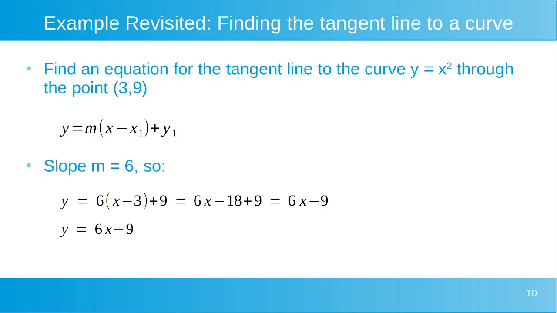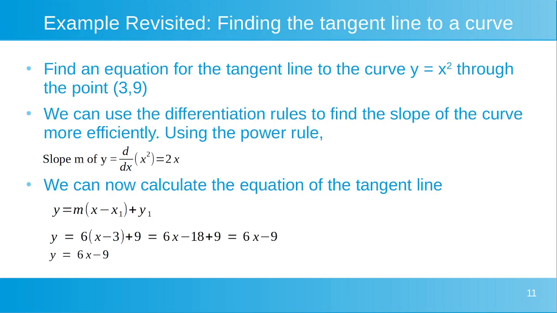So when we substitute those values in, we get y = 6(x - 3) + 9, which is equal to 6x - 18 + 9, and that evaluates to 6x - 9. So we've just worked out that the equation for the tangent line to the curve y = x^2 through the point (3, 9) is y = 6x - 9.